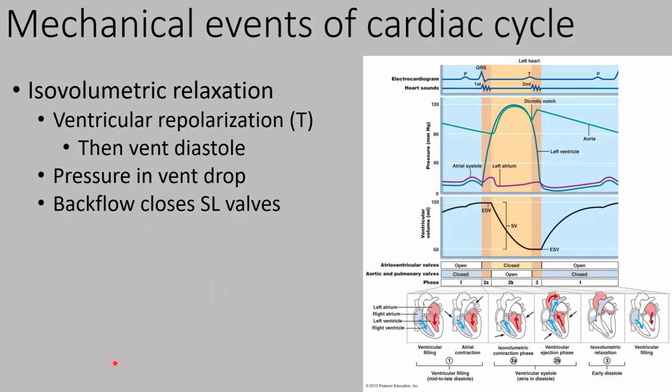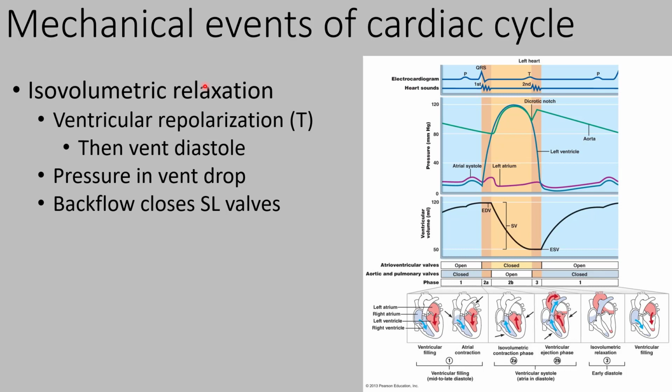So now, the third stage is isovolumetric relaxation. Now that's a mouthful, so let's unpack this and see exactly what it means. Iso, remember, means equal or the same. Volumetric, a measurement of volume. Relaxation.